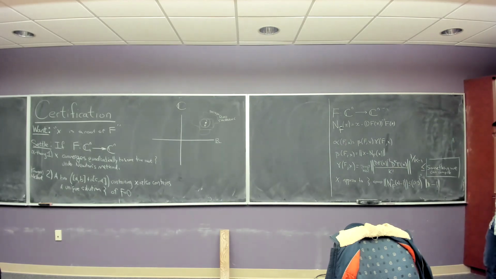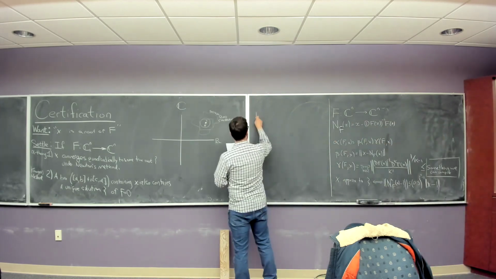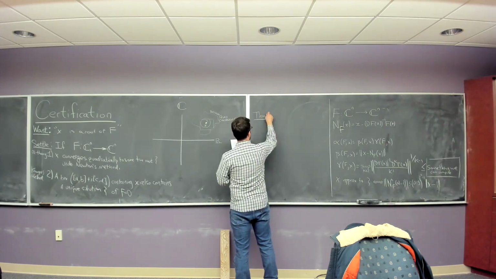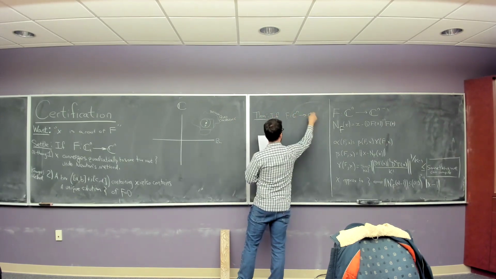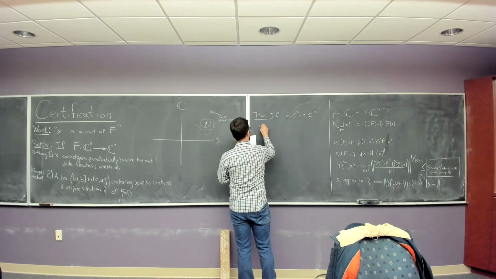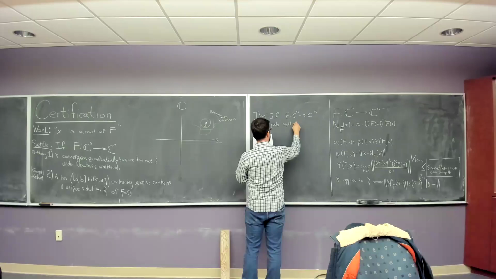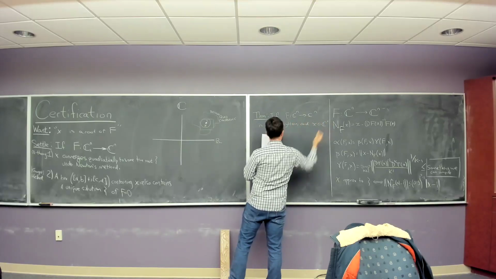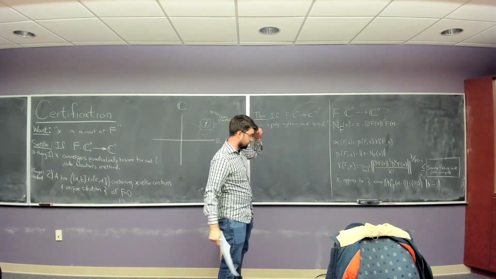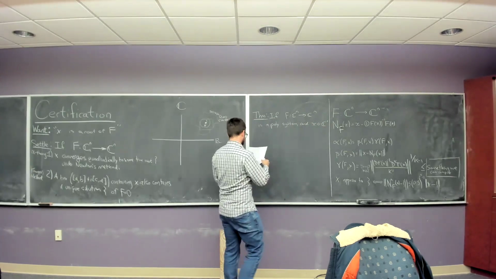And the statement is as follows. We have a polynomial system. You have some point, and you hope there's an approximate solution in the sense that it converges quadratically to a true solution.